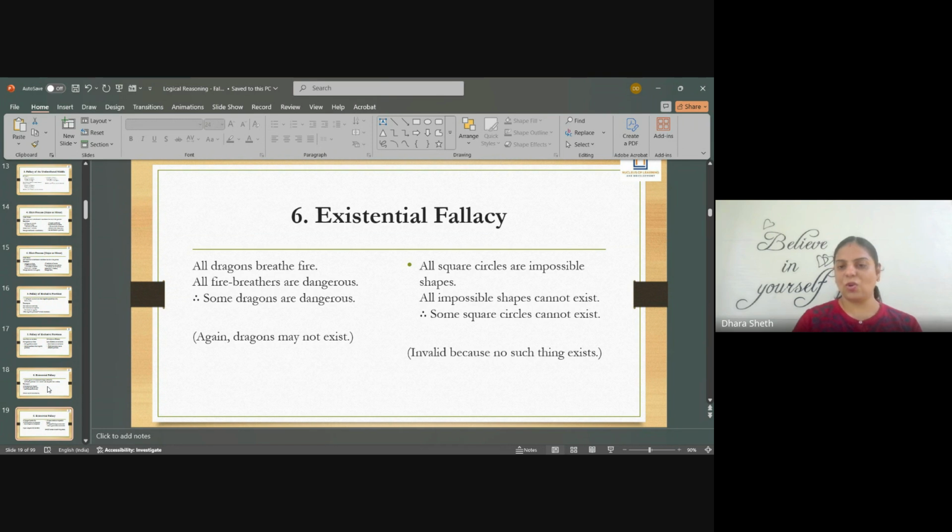Now, so far, there is nothing called a square circle. That is why, if they ask what is the fallacy here, then it is an existential fallacy. There is nothing called a square circle in this world so far, or at least it has not been seen or proven yet. Clear with this existential fallacy?